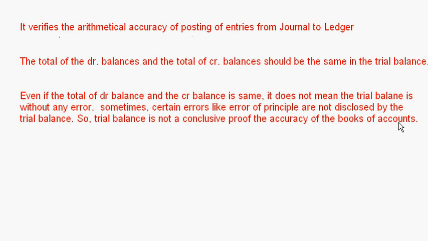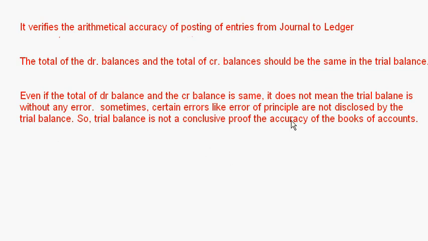There can be some errors, like while recording the journal entries, instead of debiting one account and crediting the other, we have done it the other way around, or some error in the principles of accounting that has been done, right? So those kind of errors will not be shown by the trial balance, right?